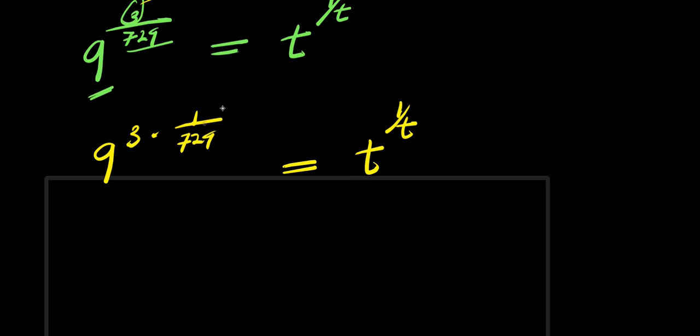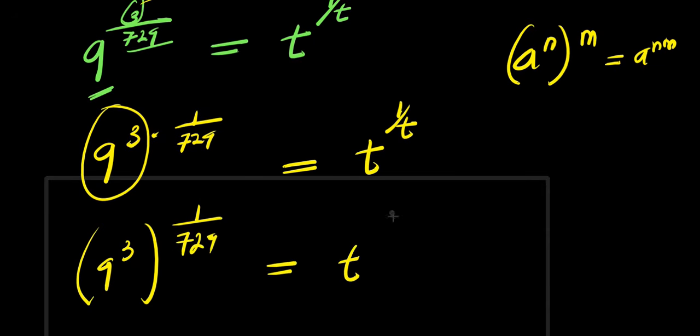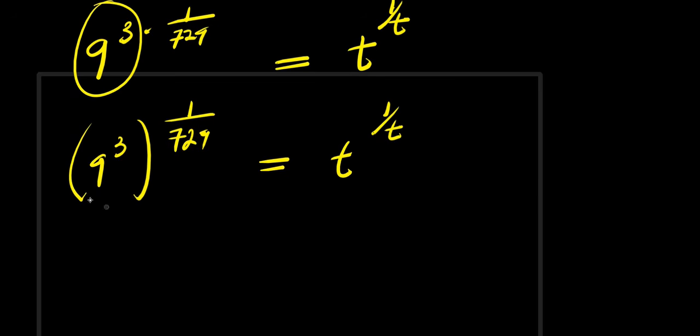So, remember, if you have a power m raised to the power of n, this equals a power m times n. So I can have this as 9 power 3 raised to the power of 1 over 729, and this equals t power 1 over t. Now, we need to find the value of 9 power 3.